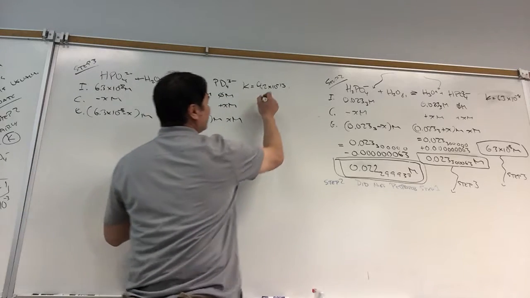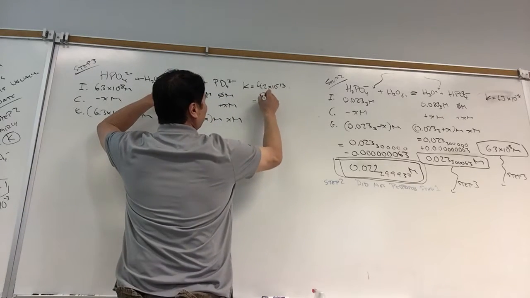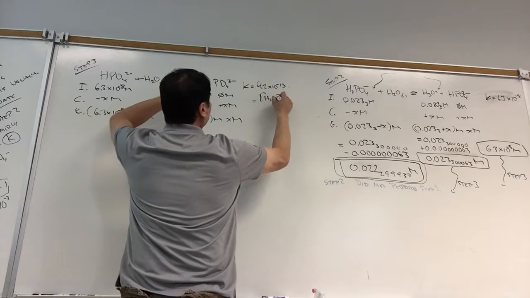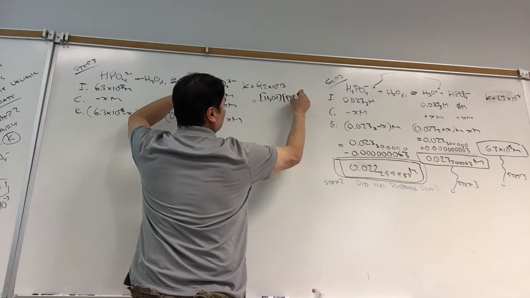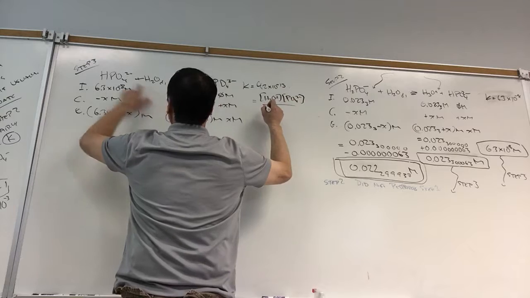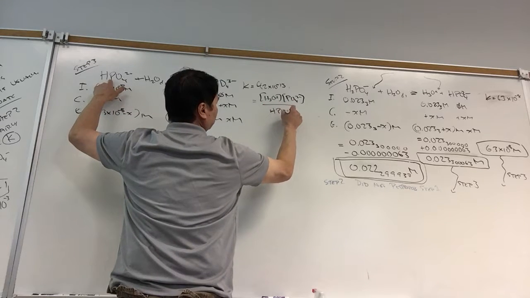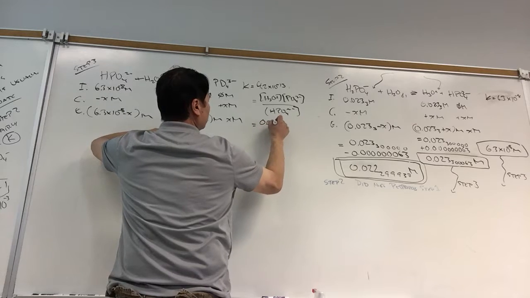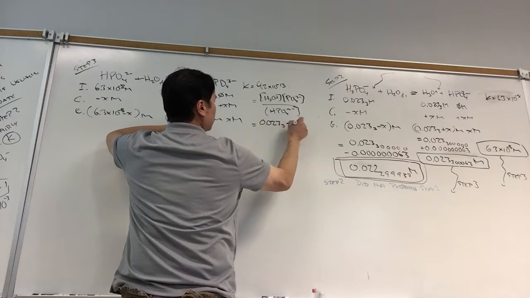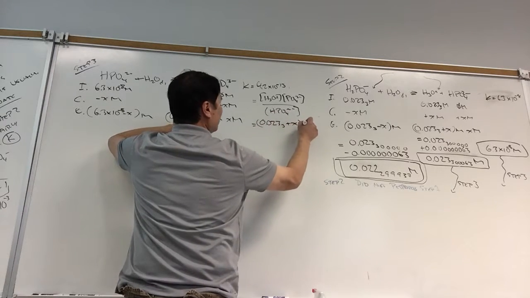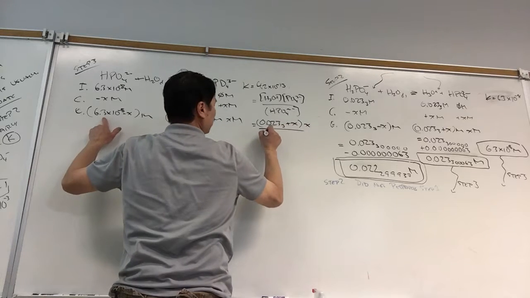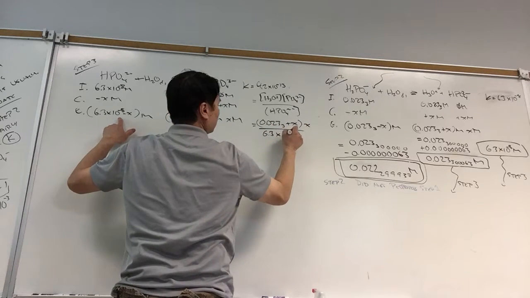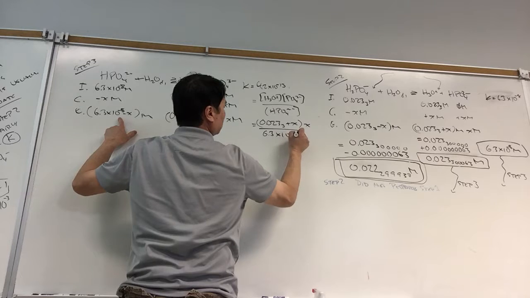No, it's not. You're going to have hydronium times the phosphate divided by the monohydrogen phosphate. So this is going to be 0.0233 plus x times x divided by 6.3 times 10 to the minus 8 minus x.